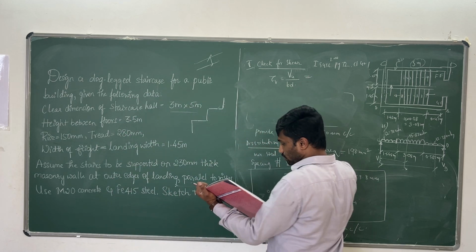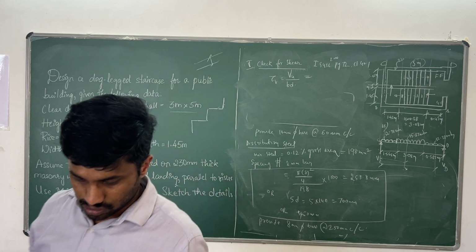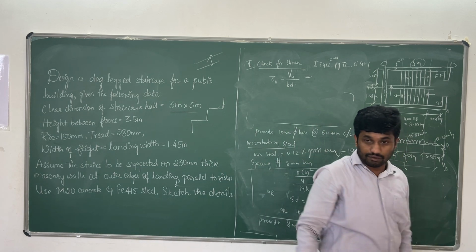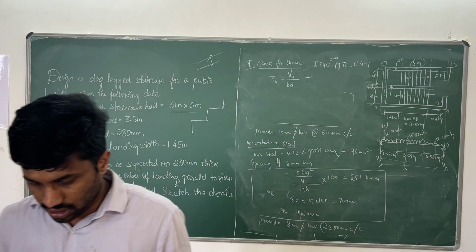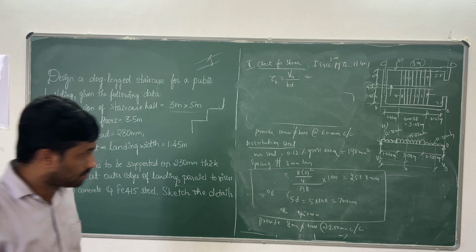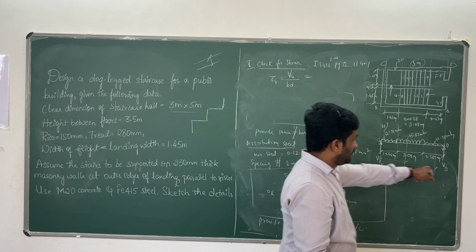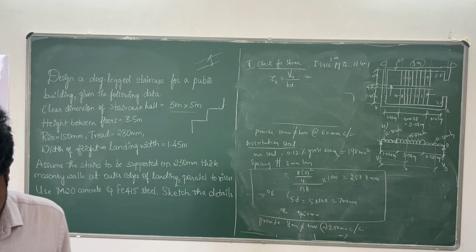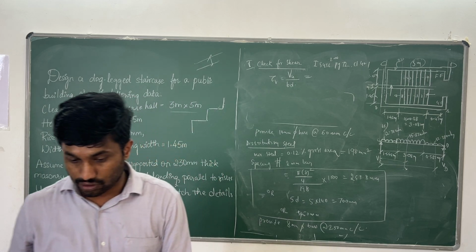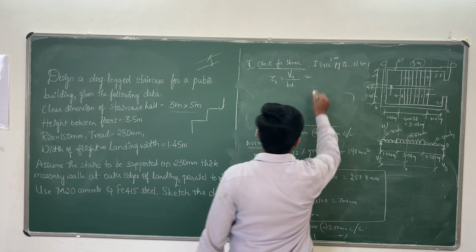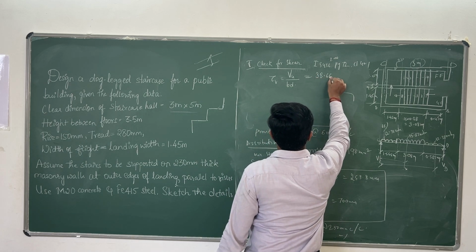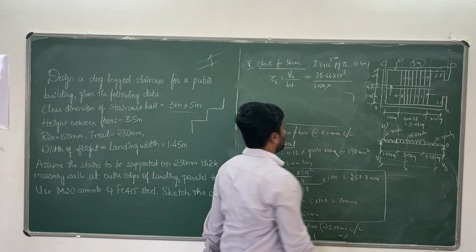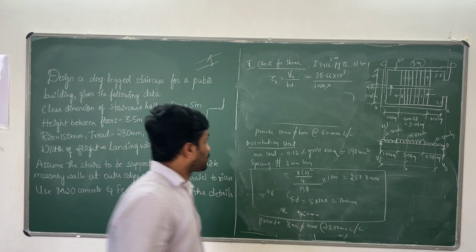What is the Vu value? We know that the Vu value is the maximum of Vc and Vd, which is the higher value of the reaction, 38.68 kilonewton. The highest value is 38.66 kilonewton, times 10 power 3, divided by 1000 into d, 140 we have provided.